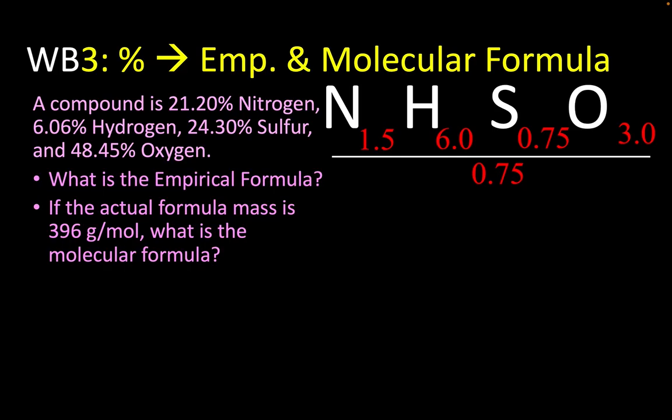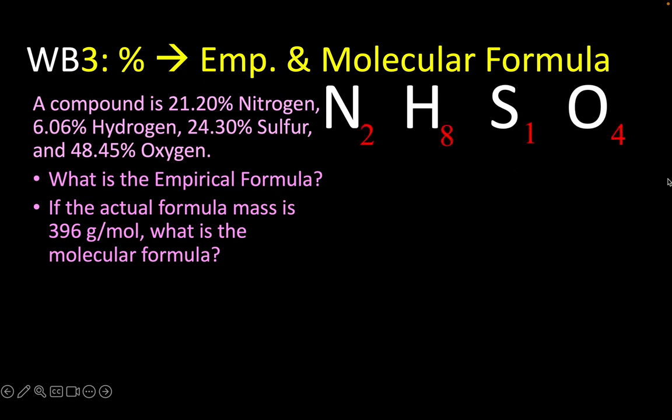So 1.5 divided by 0.75, 6 divided by 0.75, this 0.75 divided by itself, and 3 divided by 0.75 gives you a ratio, an empirical formula of 2 nitrogens for every 8 hydrogen, for every 1 sulfur, for every 4 oxygens. Doesn't mean that's necessarily the real formula, the molecular formula, but that is the ratio of those atoms. Okay, so that is the empirical formula.